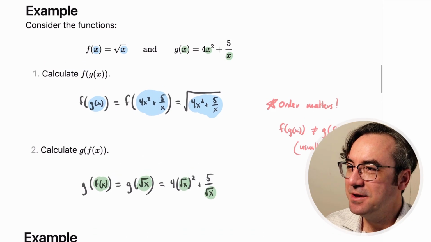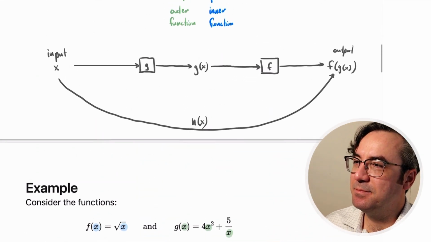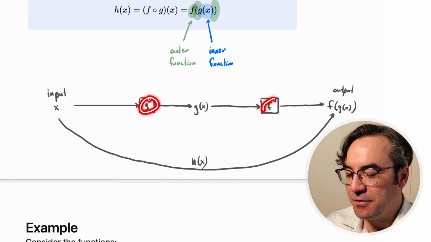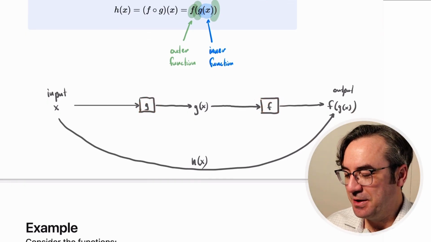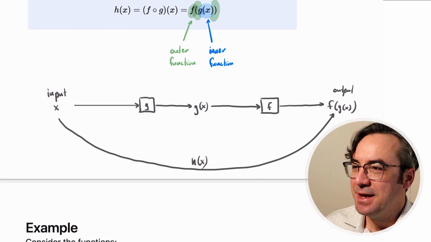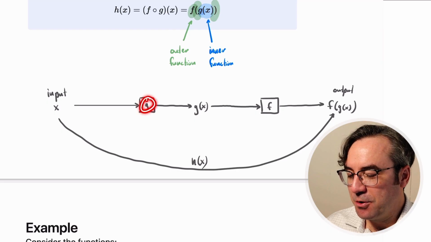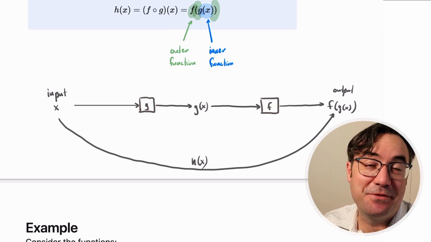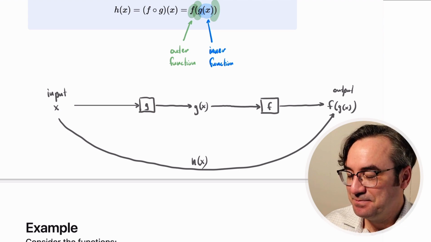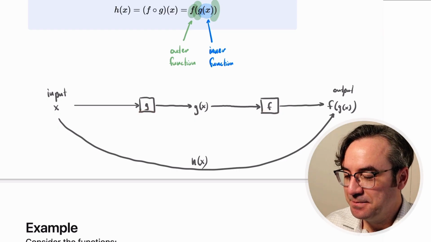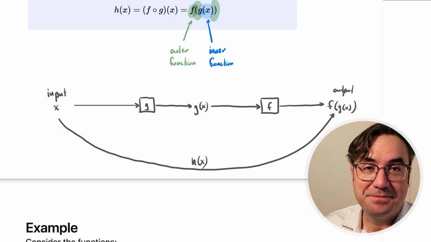If we go back to our assembly line analogy here, pretending that this is like a car that's going down the assembly line, if we swap the order of the machines, you would expect to end up with a different result, potentially. So the order in which we do these things does actually matter.